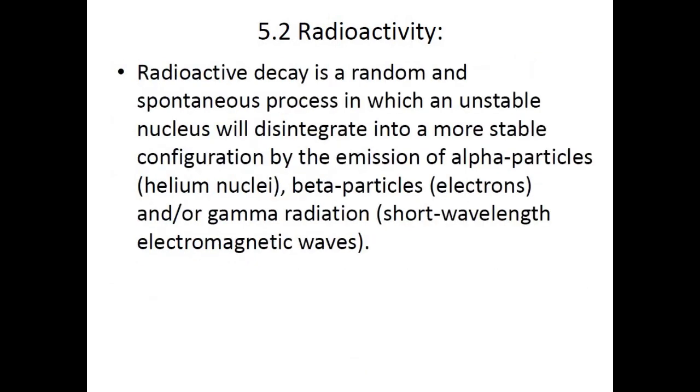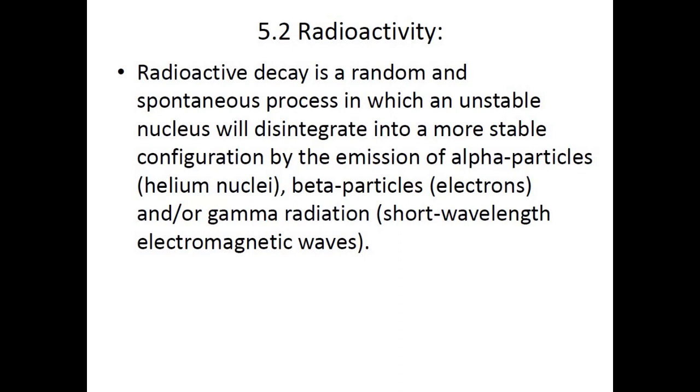When an atom emits radioactivity, either in the form of energy or particles, the process is known as radioactive decay. It is always a random and spontaneous process in which an unstable nucleus will disintegrate into a more stable nucleus by the emission of alpha particles, beta particles, and or gamma radiation.